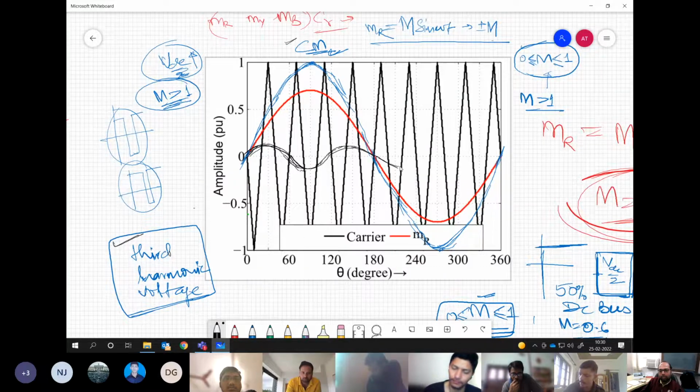Something like this. Now what will be the effect of this? What will be the result when you add something like this?